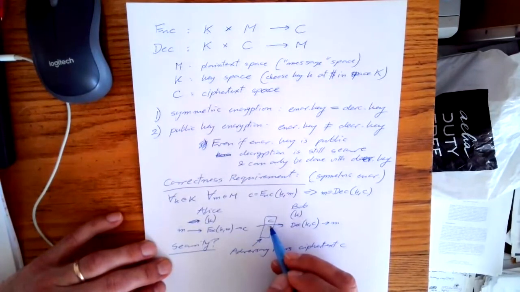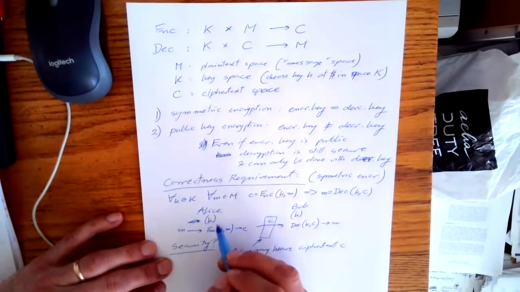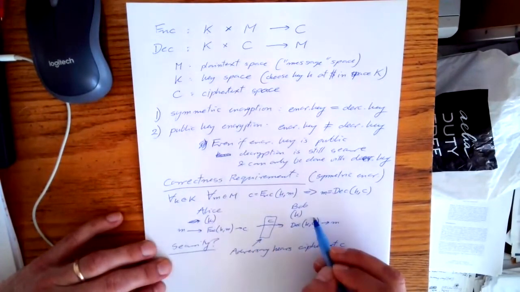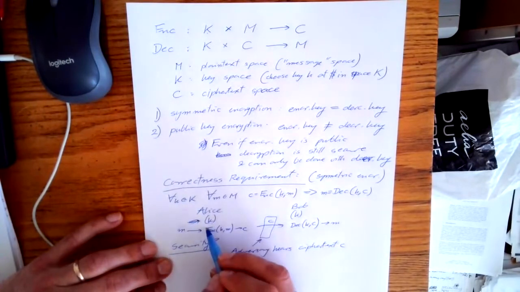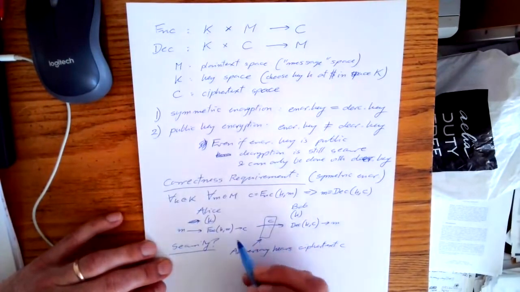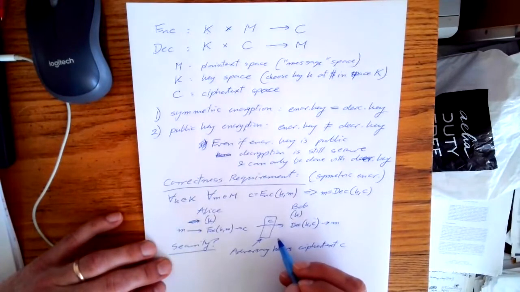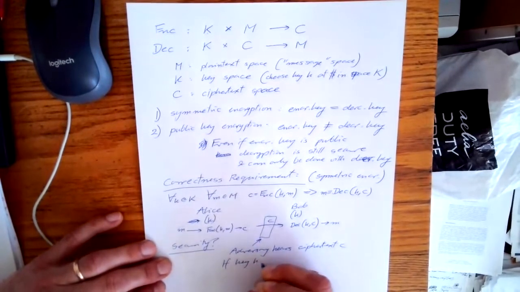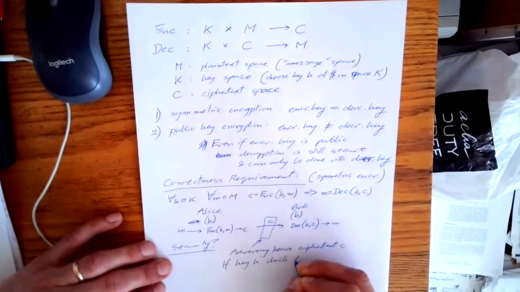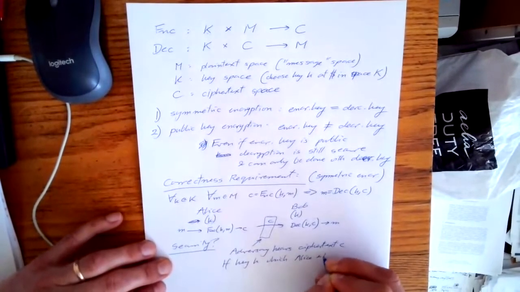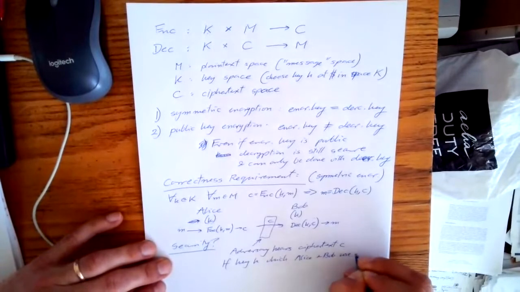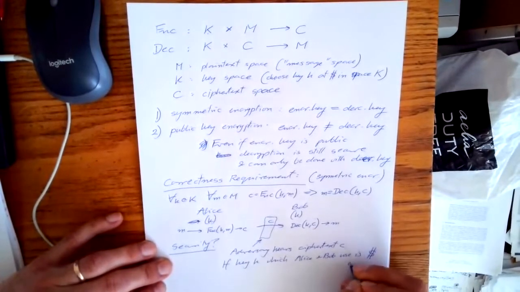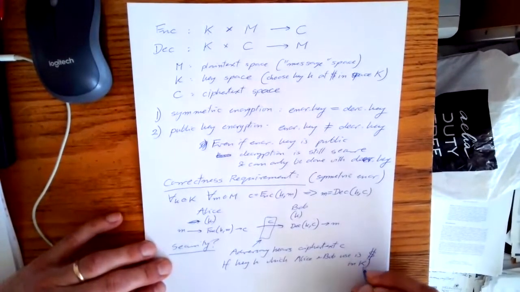They get this ciphertext, right? So that's what's traveling between one internet node and another internet node, or whatever it is, wireless node, wherever this encryption is implemented, whatever the communication medium. So the adversary hears the ciphertext, but if key K, which Alice and Bob use, is random in key space K, right?